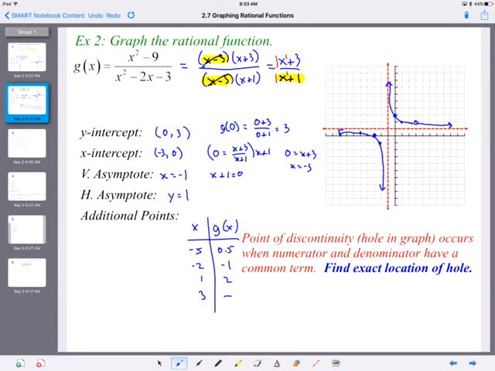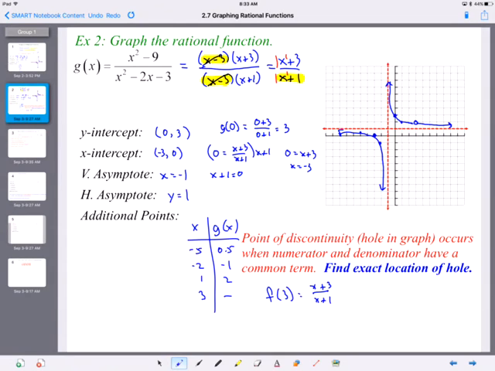Well, since we don't really know from there, how do we find out where it is? Usually when we want to find out what y is when x is a number, we plug it in. But if we plug it in, it's going to be undefined. But what if we plug it into not the original, but the simplified?